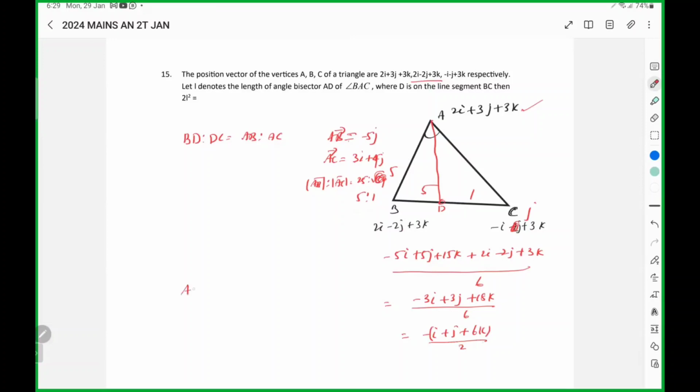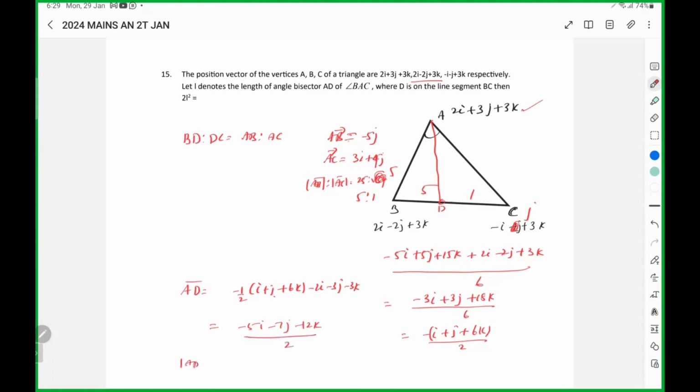So the AD vector will be half of minus i plus j plus 6k minus 2i minus 3j minus 3k, which is minus 5i minus j minus 7j minus 6k by 2.